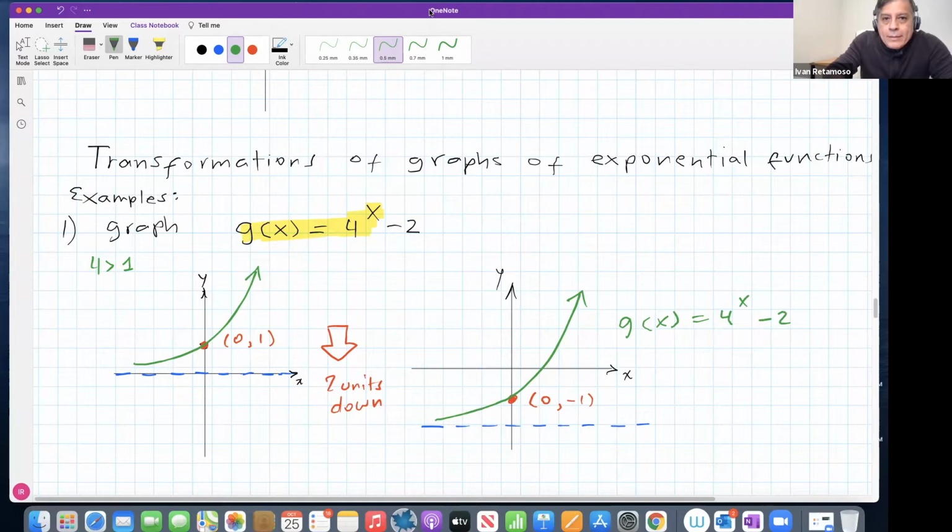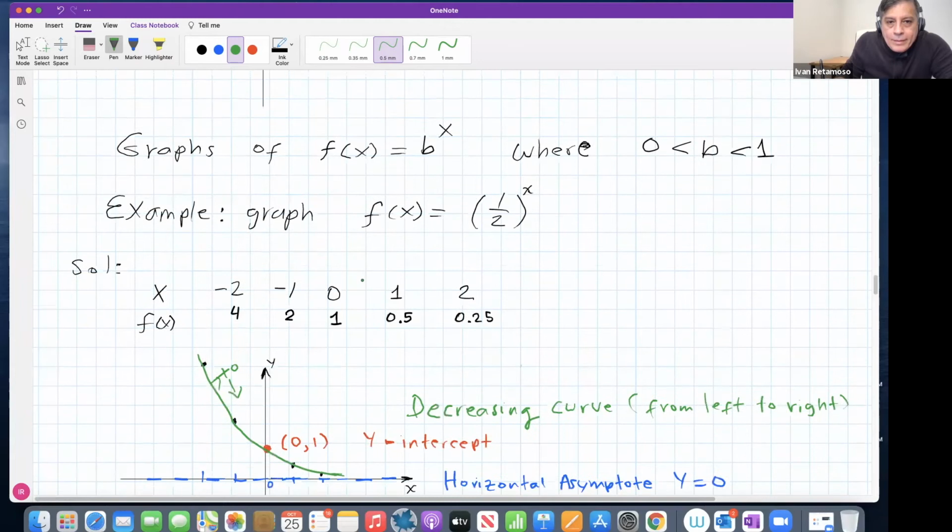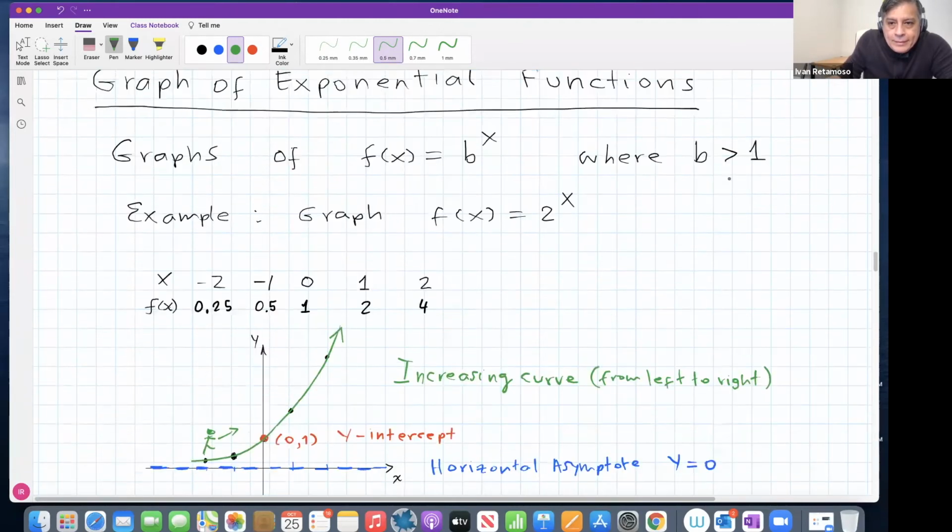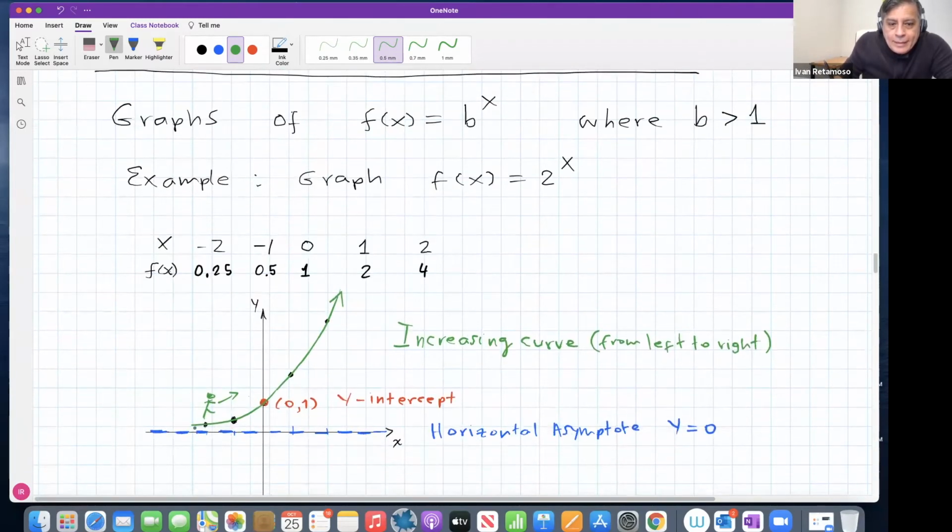I see someone writing something in the chat. Yeah, the xy point, Gabriela. No, Gabriela, we started by saying that we are going to graph just this guy first, g of x equals 4 to the x. How do I know that this is this curve? Because we explained that whenever the base is greater than 1, the graph will resemble an increasing curve like this.